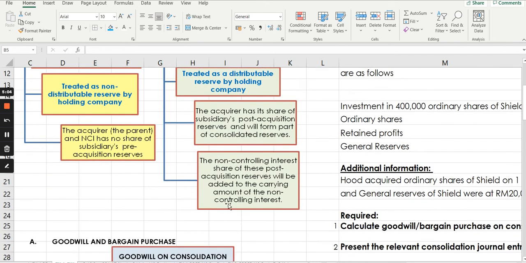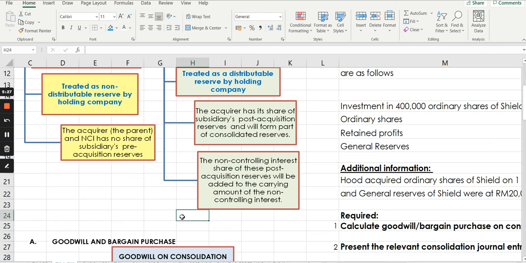And how much is the share of the non-controlling interest in this post-acquisition reserve, because that will be added to the carrying amount of the non-controlling interest that will later be disclosed in the consolidated statement of financial position, that is the group result.